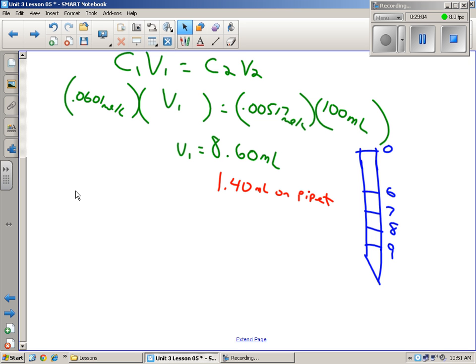So if I need 8.6, I fill it up to 1.4. If I needed 1.4, I'd fill it up to 8.6, okay? So you got to keep that in mind. This is backwards. Okay? The only one that works out is 5. If you need 5, you get 5. Other than that, it's the opposite, basically. They have to add up to 10.